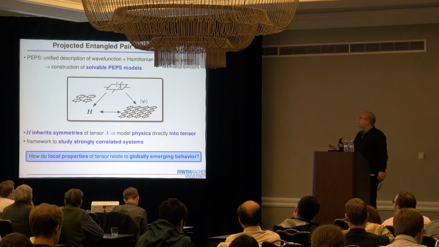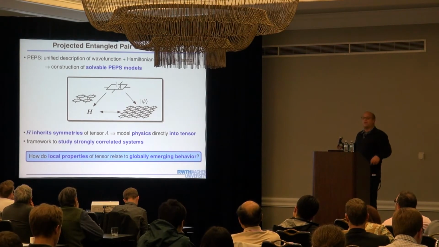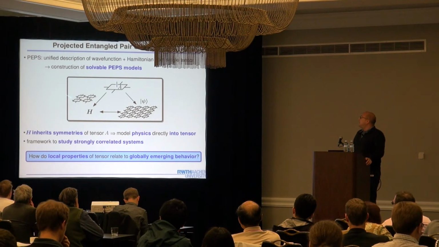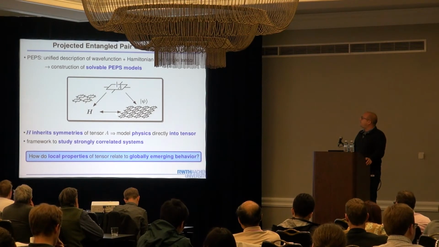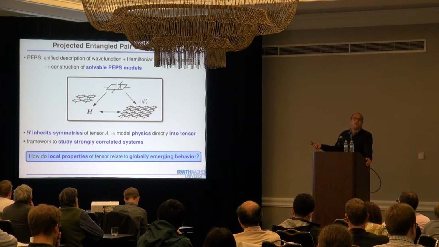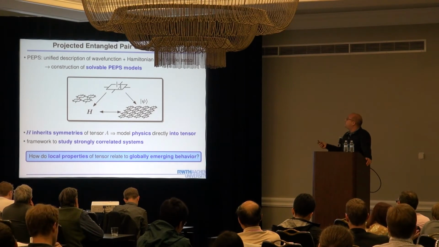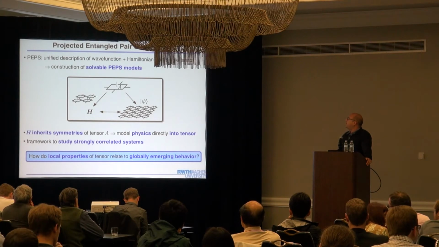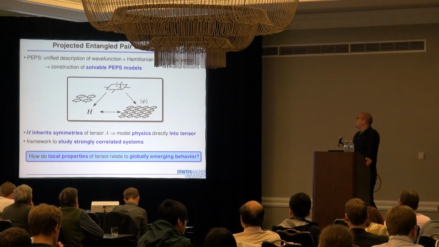And here we can do something very similar. We can start from a tensor into which we put all the properties which we want our system to have. And it will give us on the same footing both a wave function and a Hamiltonian. And we can study how this Hamiltonian and this wave function relate to each other, right? So we basically have a solvable model where we have a Hamiltonian and its associated ground state wave function.